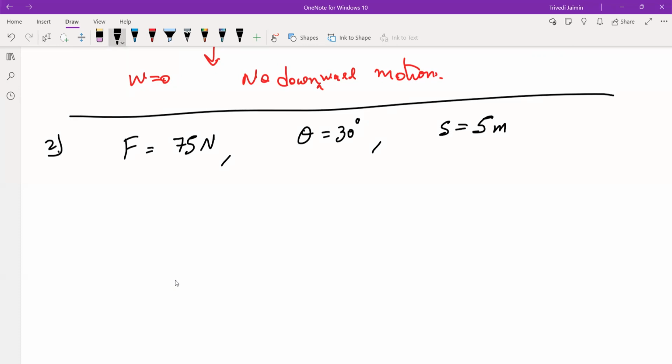I'll read the question: a lady pulls a vacuum cleaner with a force of magnitude 75 Newton. The force makes an angle of 30 degrees with the horizontal. If the vacuum cleaner is displaced 5 meter in the direction of force, calculate the work done. So work done will be force into displacement into cos 30. Give me the answer fast, within 30 seconds.